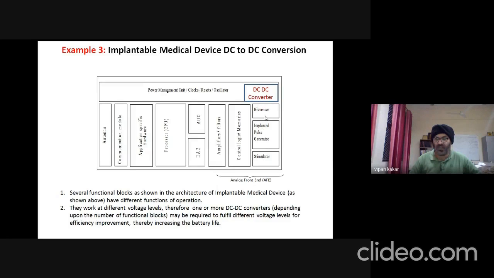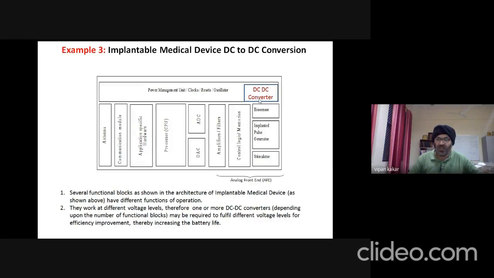This simple device inside the pacemaker needs, let's say, 1 volt of supply. This one needs 1.5, this one also 1.5. This one needs 1 to 1.5, a range of voltages, so in this block we need dynamic scaling, 1 to 1.5. Here also 1 volt, 1 volt, 1 volt, and here also 1 to 1.5 volts, and so on.